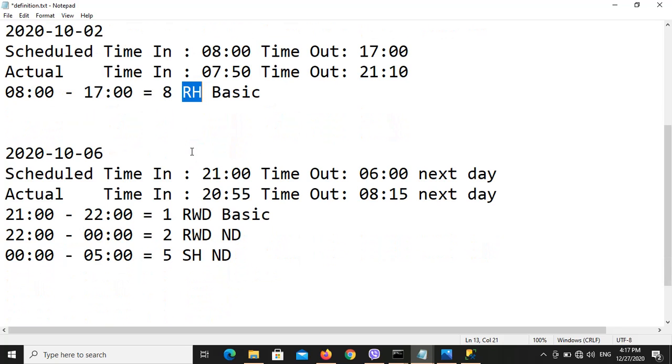Now, on the other hand, on October 6, the scheduled timing is 21, so it means 9 p.m. up to 6 a.m. the next day. Okay? And then the actual time in is 8:55 p.m. up to 8:15 a.m. the next day.